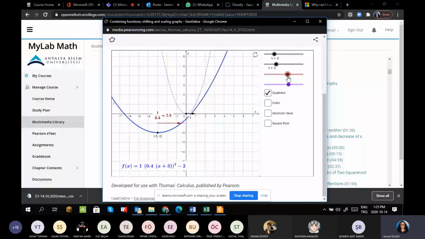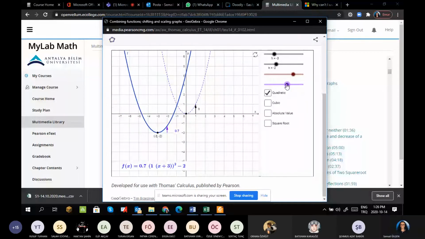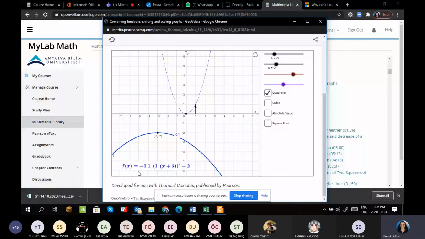It's the other way around, sorry. It's compressing and stretching. How about this? If this number in front of all of these is negative, then it's going to give the reflection.